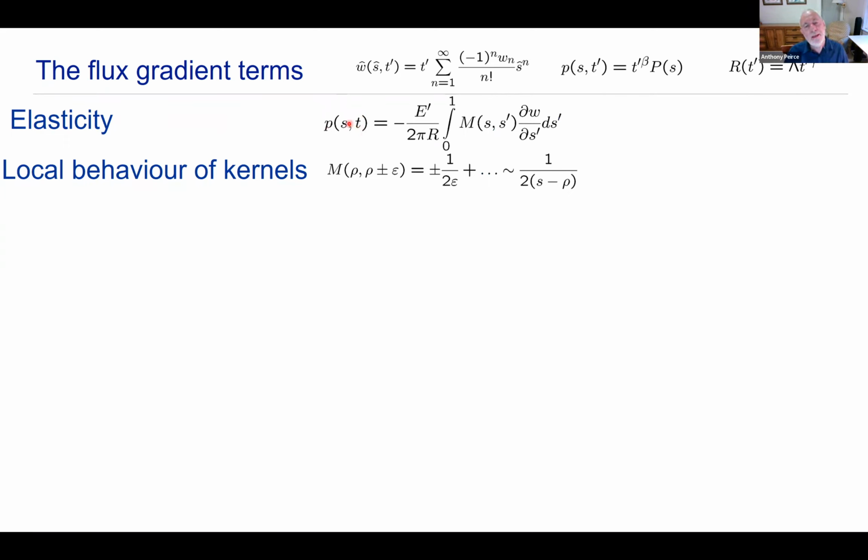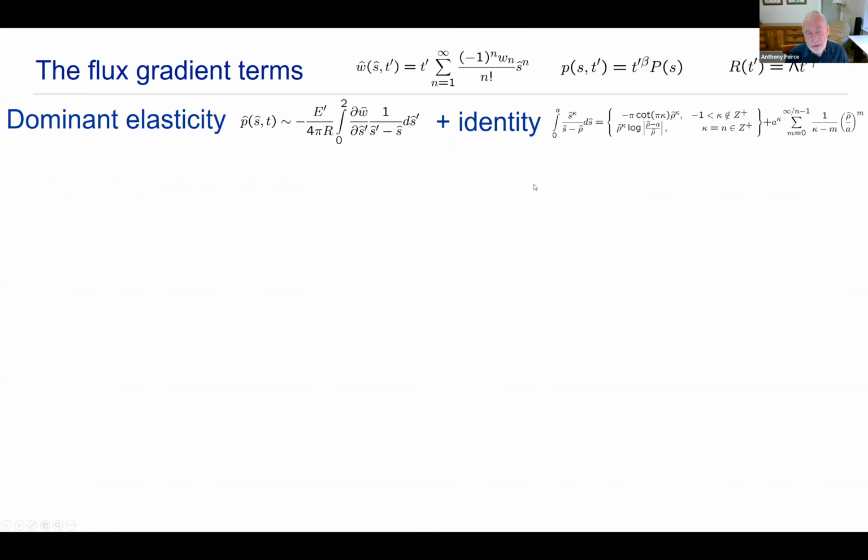Anyway, the elasticity equation, if you do an expansion around the receiving point, both the radial and the KGD fracture have this form, which boils down to, if you transform back to the distance between S and rho, this. So basically the dominant behavior of the elasticity equation looks like this.